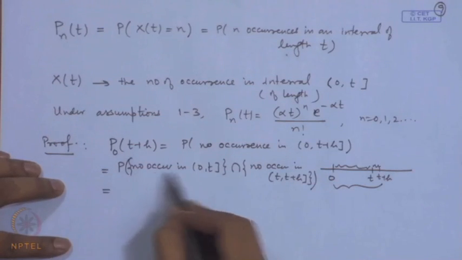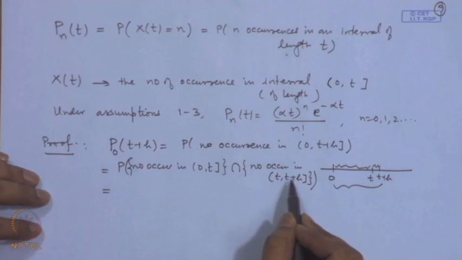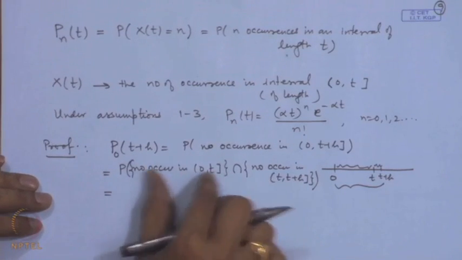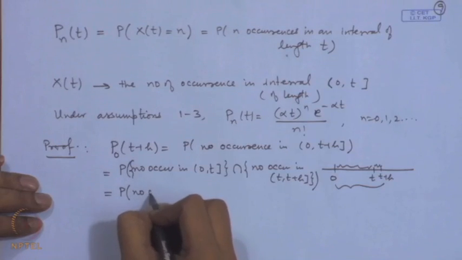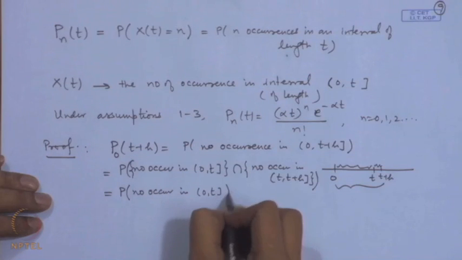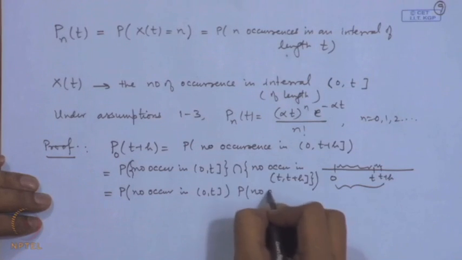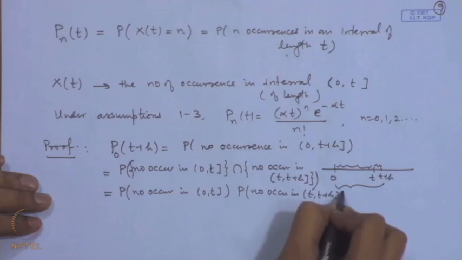Now, if we look at these intervals, this interval is disjoint from this interval. Using the first assumption, these two events are independent. So, we can write it as probability of no occurrence in 0 to t times probability of no occurrence in t to t+h.